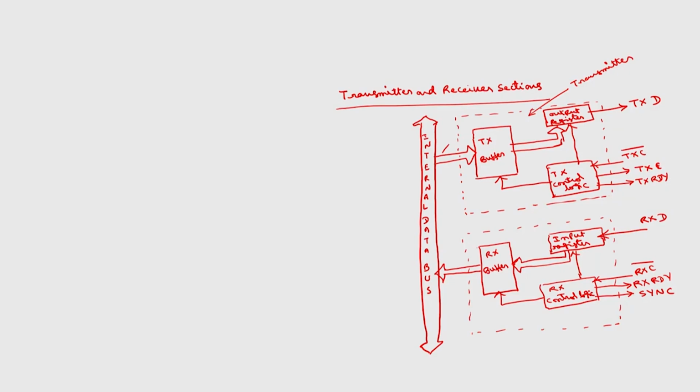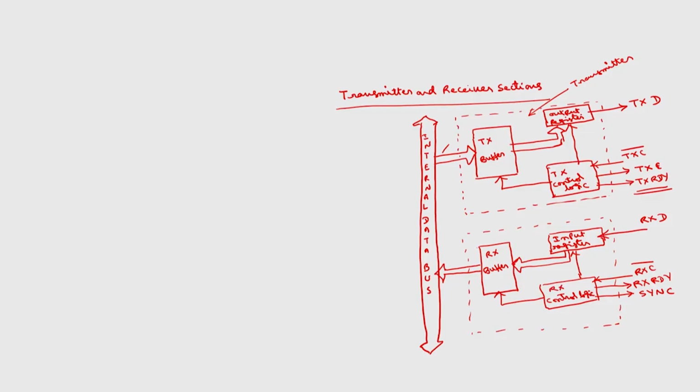The function of transmitter ready is that whenever the transmitter is ready, it requests data from the microprocessor, then the microprocessor writes the data. After that this data is transferred to the output register. If this output register is filled with data, then it will be converted into serial data and transmitted here.